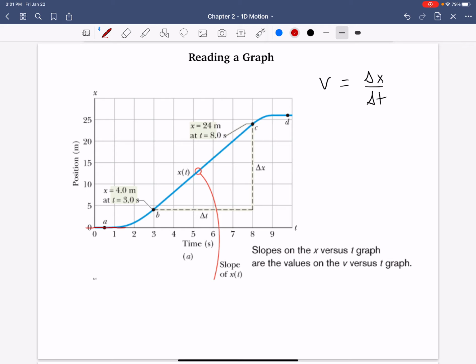But now let's take a look at from about 1 second to 2 seconds. From 1 second to 2 seconds, the slope at 1 is still pretty close to 0. At 2, it's increased, right? It's become more positive.